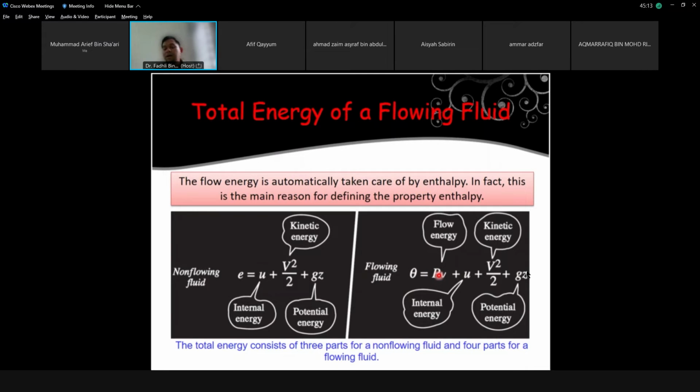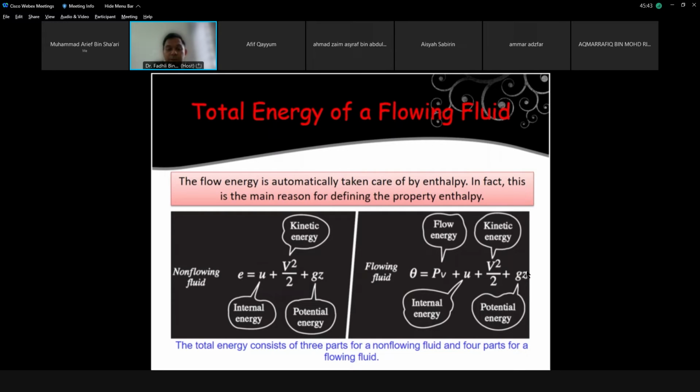Sebab cecair, liquid ataupun fluid, cecair dia mengalir. So cecair sebelum menolak cecair selepas masuk ke dalam atau keluar. Tapi untuk non-flowing, cecair tidak menolak masuk atau keluar sebab mass cannot be transferred in and out. Mass static dalam sistem tersebut, untuk closed system.